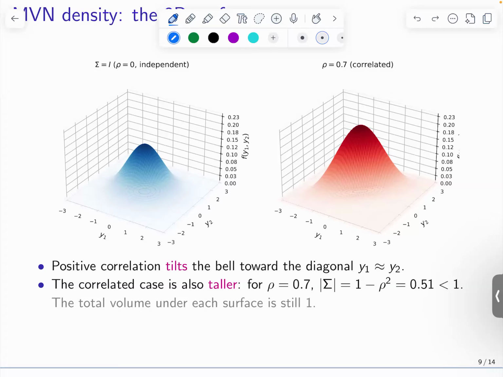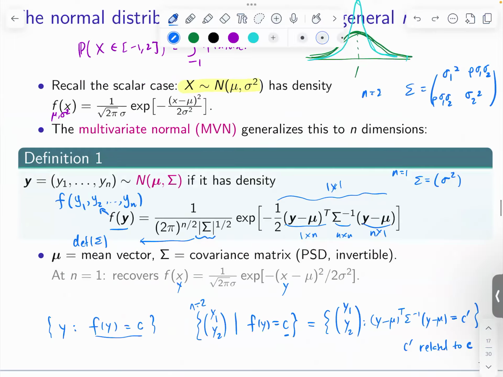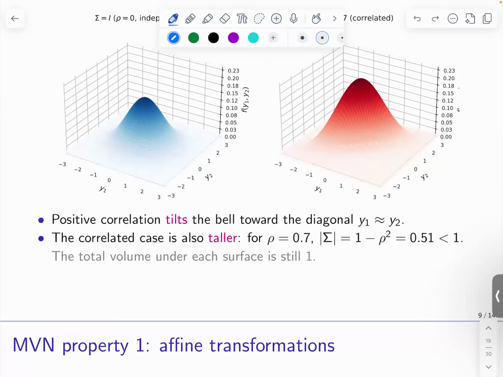So if you have correlation of 0.7, then the determinant would be less than 1 because of the factor. You're welcome to try it, but this just pops it up. You can see it in the picture.